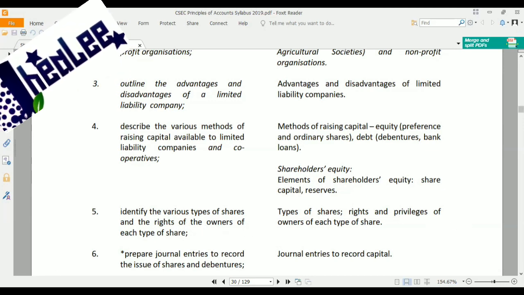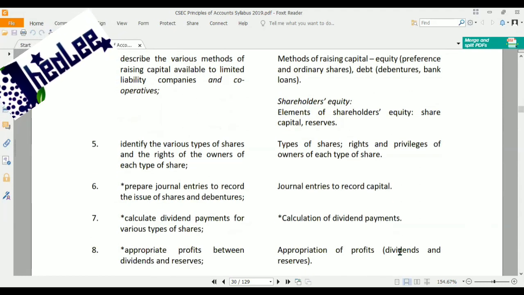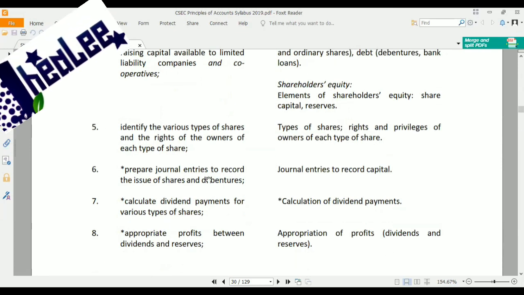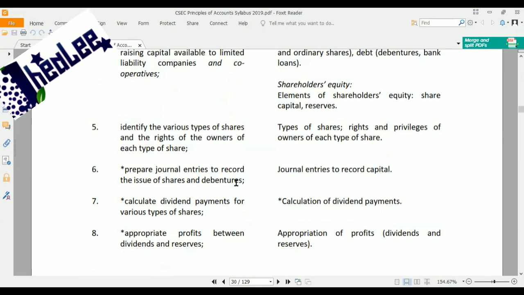You need to ensure that you zero in on that. As I said, you don't know where the questions will be coming from, so just get yourself prepared. You need to know to prepare journal entries to record the issue of shares and debentures, right? So when you issue shares, that causes an increase in the share capital.